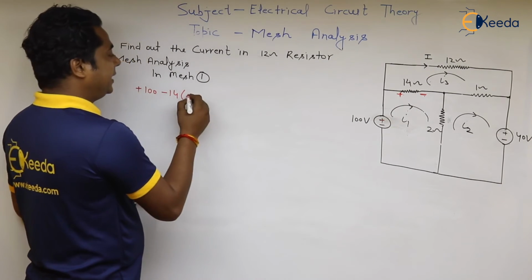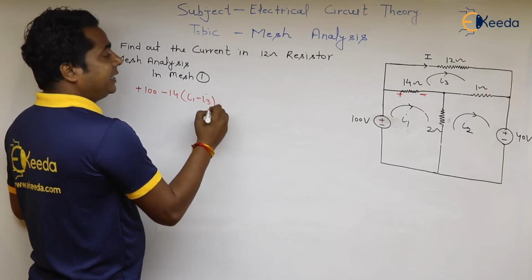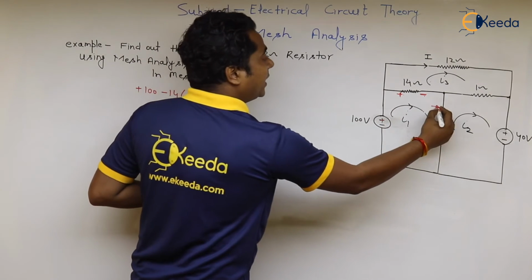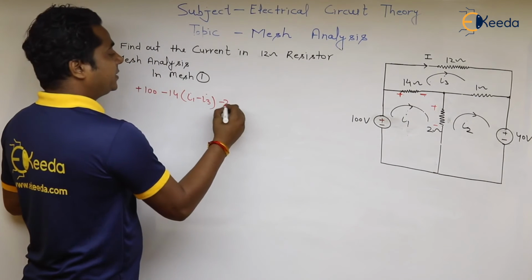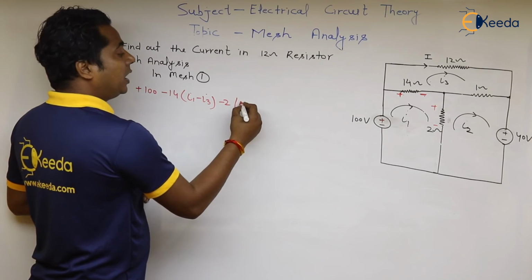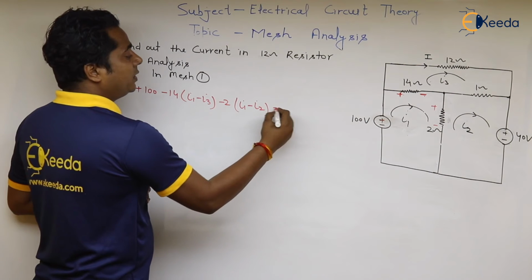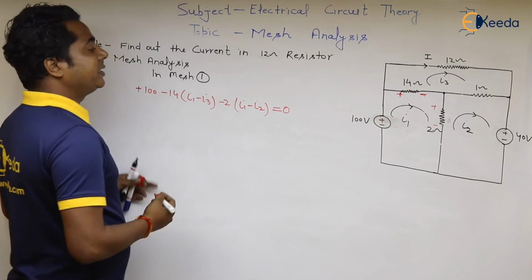Minus plus 100, again plus to minus 14 times (I1 minus I3), in this plus minus 2 times (I1 minus I2) is equal to 0. So this is equation number 1.